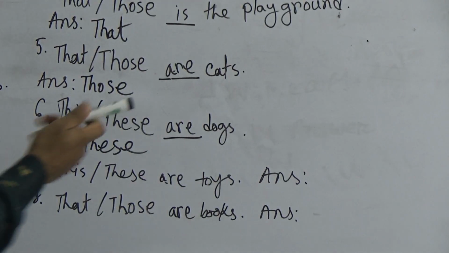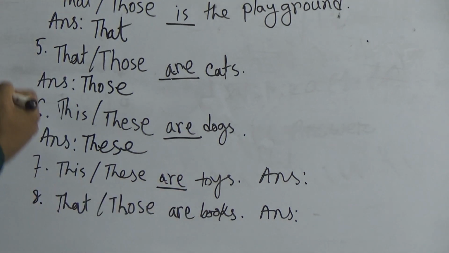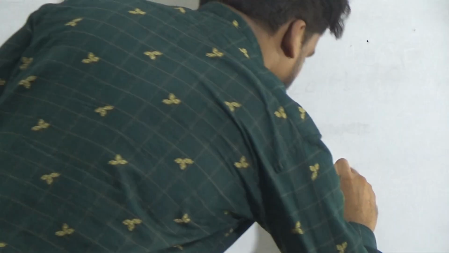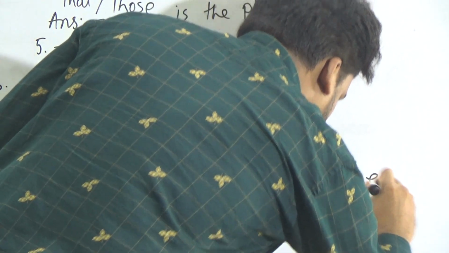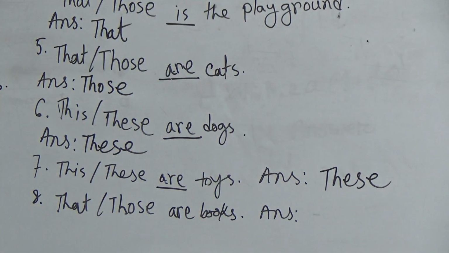And next number, these or those are toys. Here same thing, that means plural verb. That's why it will be a plural pronoun. These are toys. And last number, number 8, that or those are books. Here that is singular and those is plural.